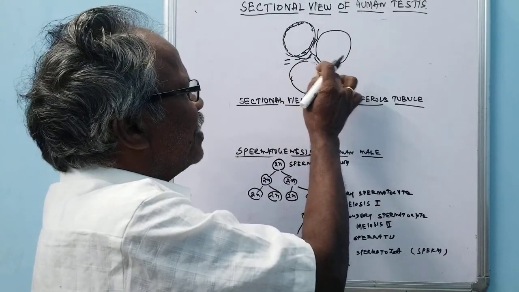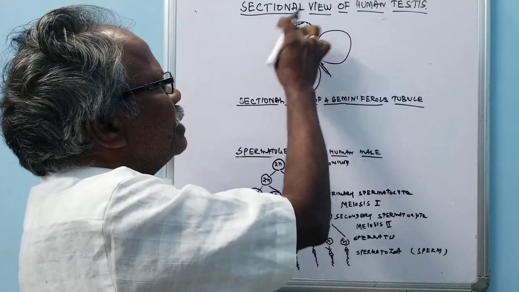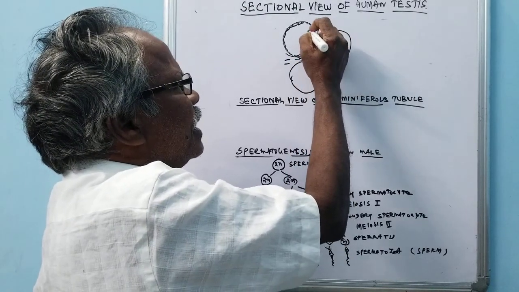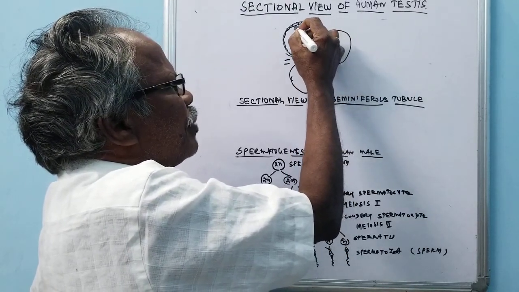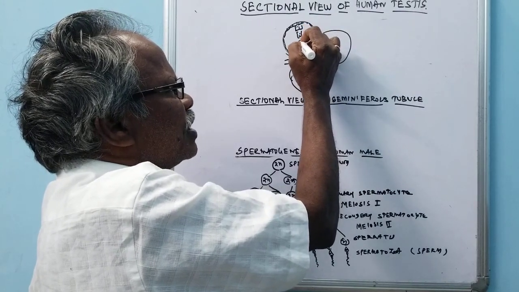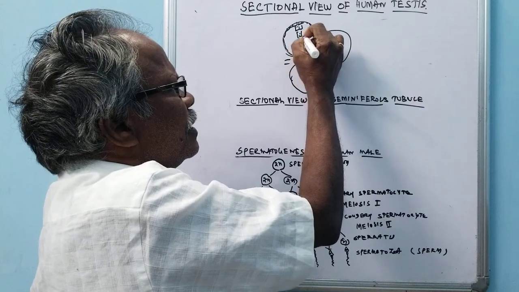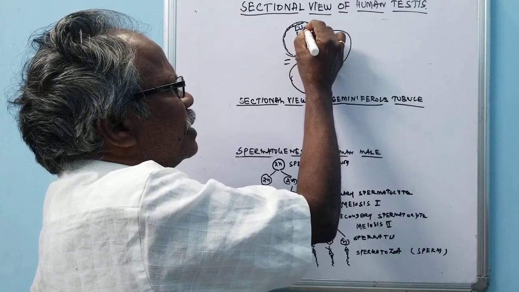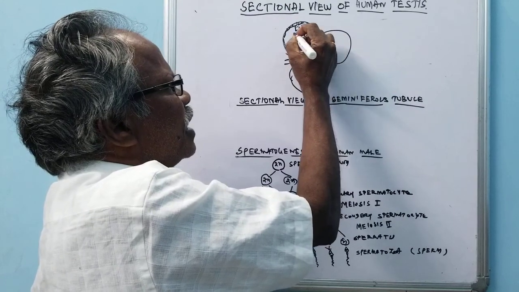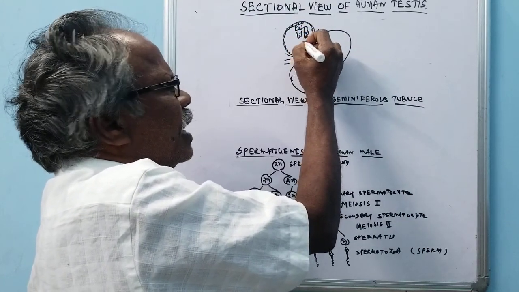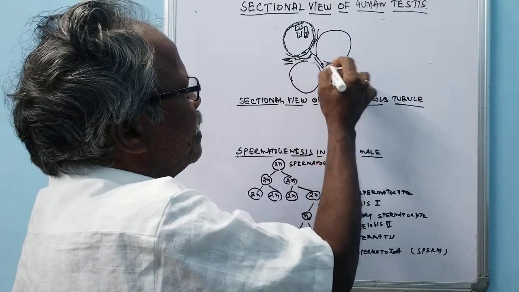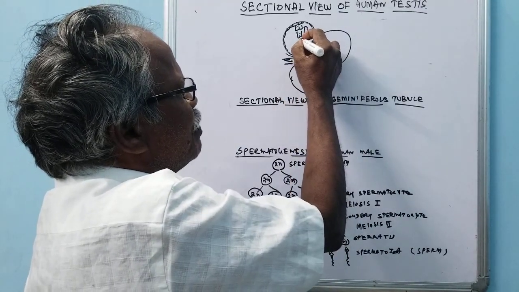This is the seminiferous tubule, and inside it we can see the primary spermatocyte, the secondary spermatocyte, and the oval shaped Sertoli cells. The interstitial cells are always called Leydig cells. Then here we can see spermatids.